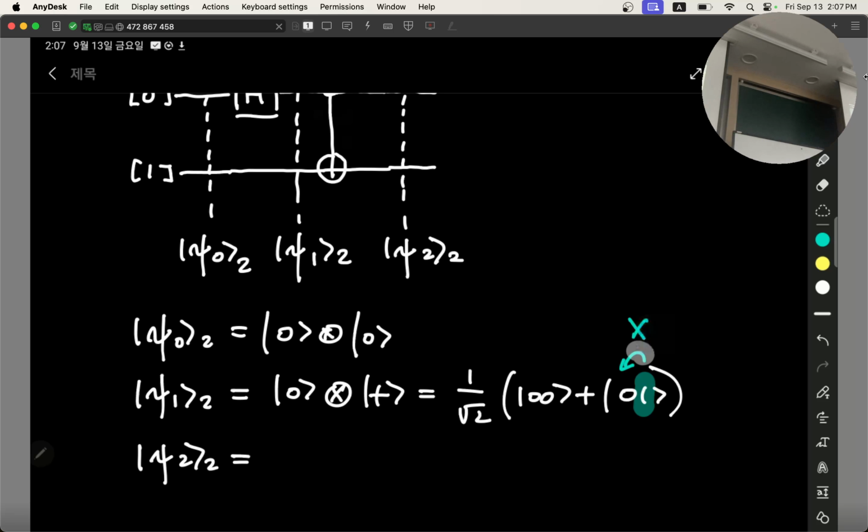So this makes 00 plus 11. Now you have an entangled state of 2 qubits.